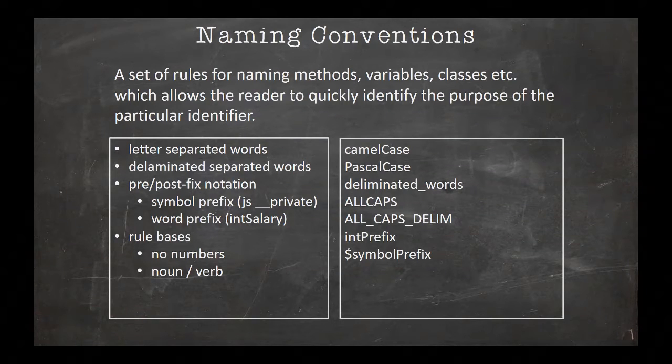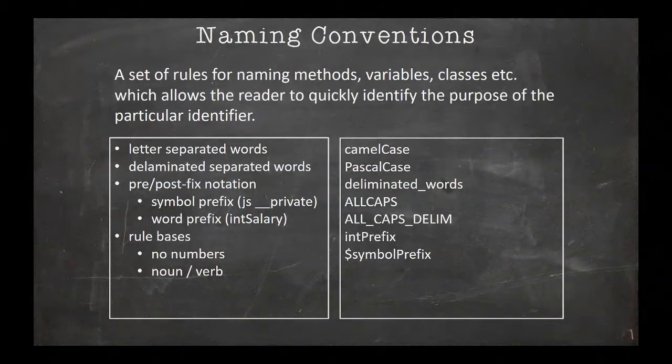Now, when I say the purpose of the particular identifier, I don't strictly mean what the method does. You may want to know what the method does, but you may also want to know, is it a method? Is it a variable? Is it a class name? Is it a package? That means what's the semantics of what it's being named? What's the semantics of the variable, as well as what it does?